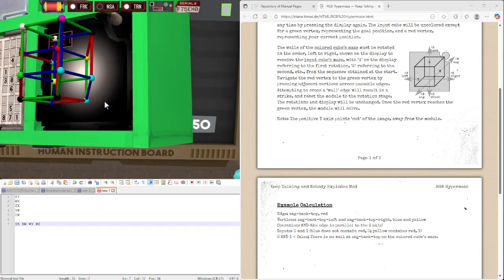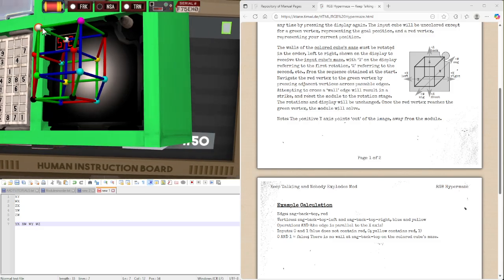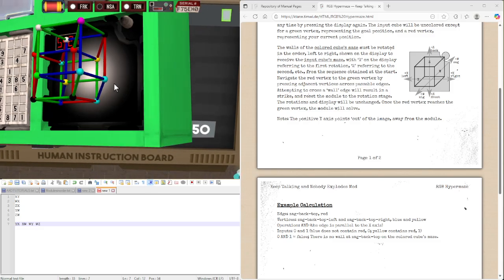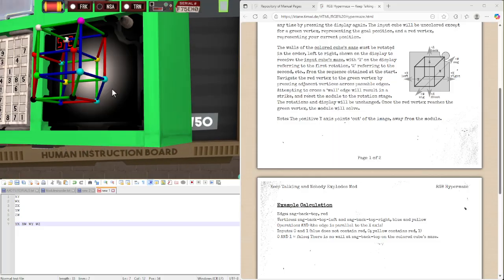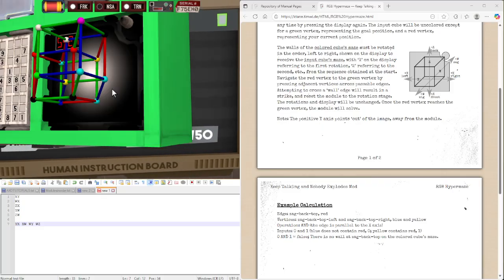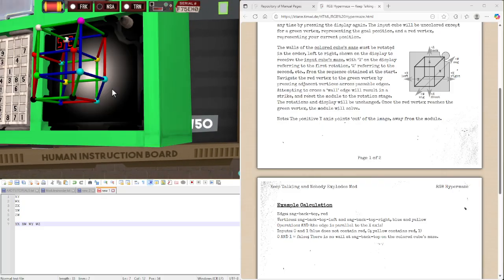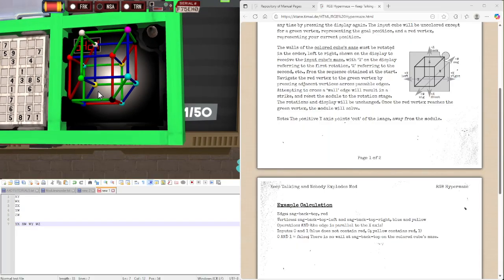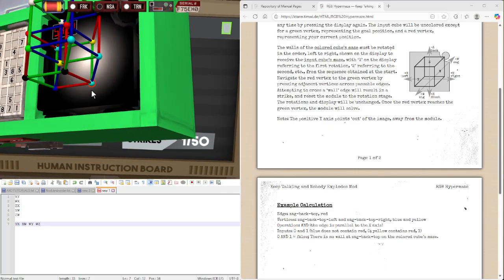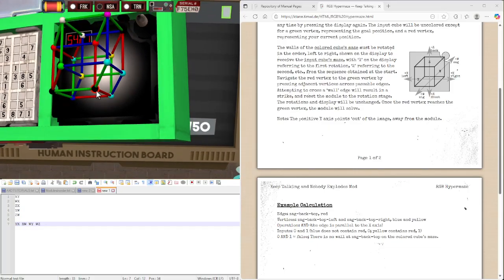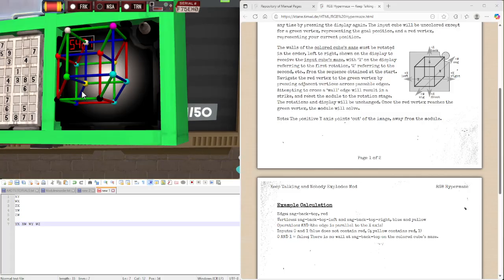Right, it moves it to positive Y goes to positive X. Yeah, it means it goes to this one, I think.